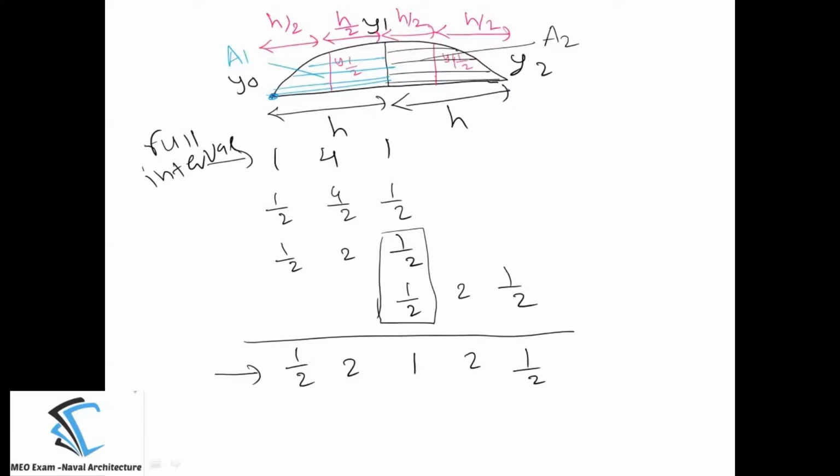Okay, now we will move again. I will give one more example that will be easy to understand. Consider that the number of intervals I will increase now. Y0, Y1, Y2, Y3, Y4 and Y5.